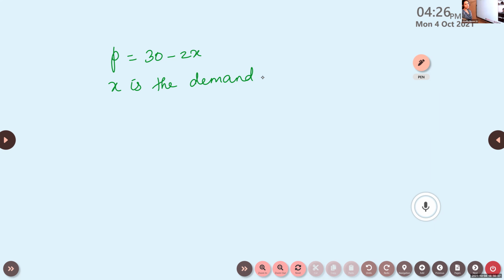So how will you find the revenue function? What is the revenue function? Revenue function R is given by?